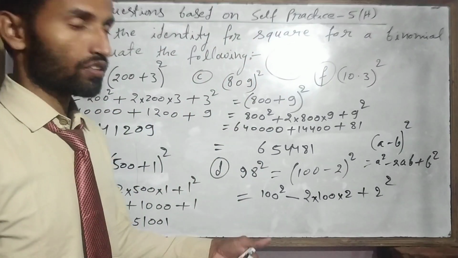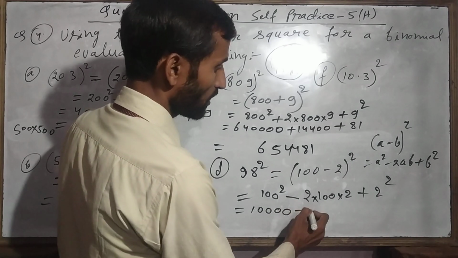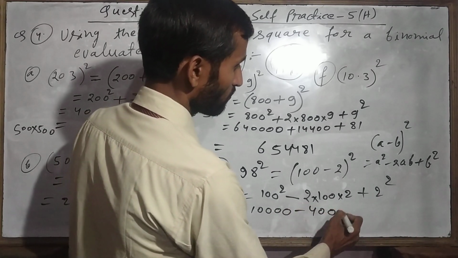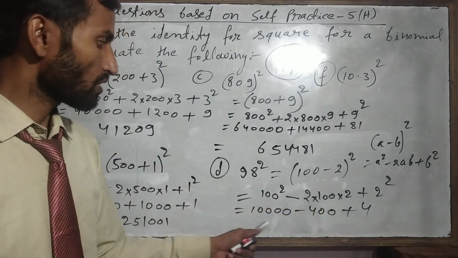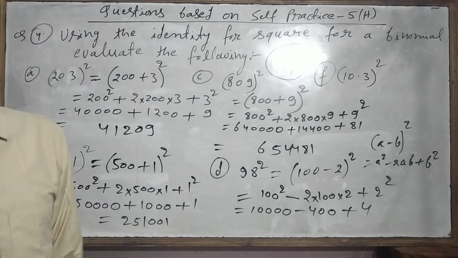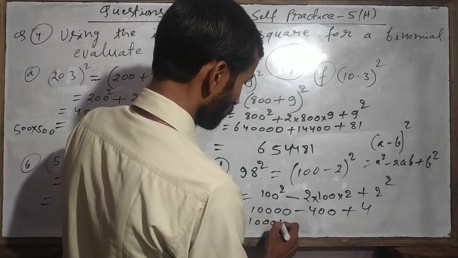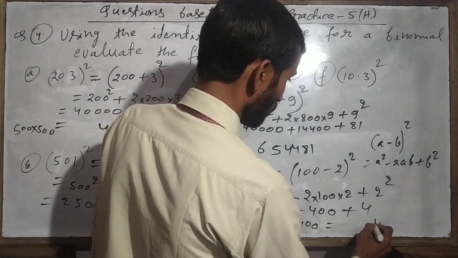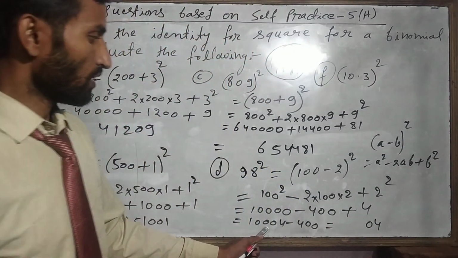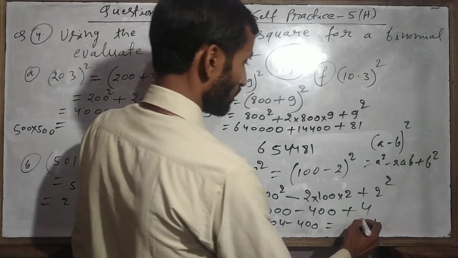Okay, now this one is multiply and this one is multiply. 100 square means 10,000. 10,000 will come minus 400 and 2 square means 4. Now just we will add this number 10,004 minus 400. So 10,004 minus 400, we will take borrow, 6 will come and 9.